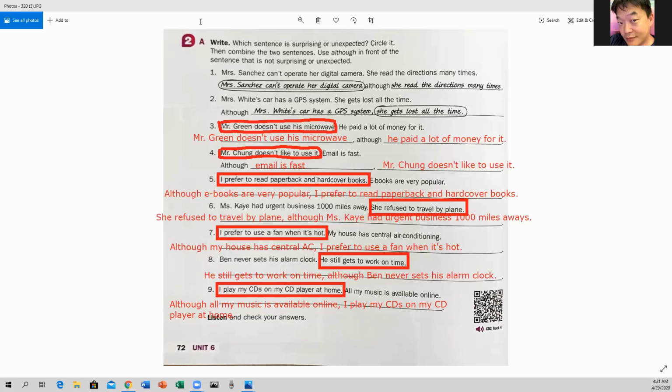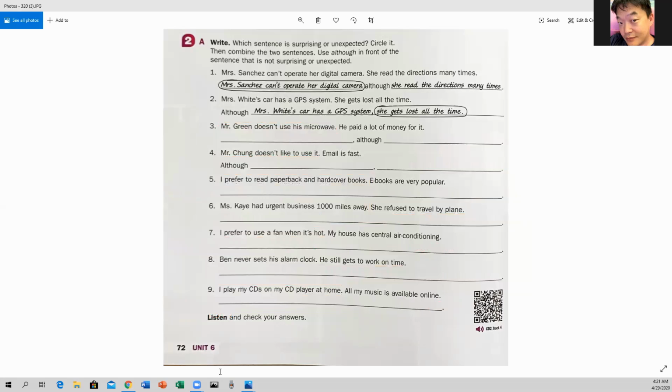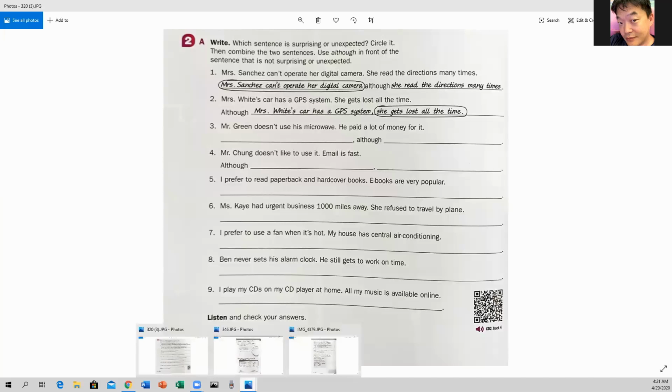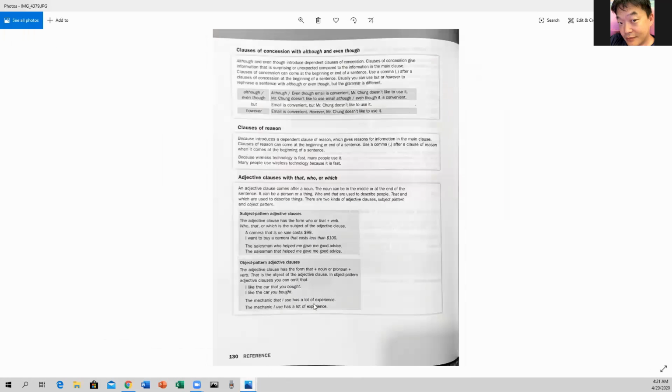though. Okay. I'm gonna show this here. So when you go to your workbook page 130 before you start doing your exercises, you will see on page 130 the section has clauses of concession with although and even though.